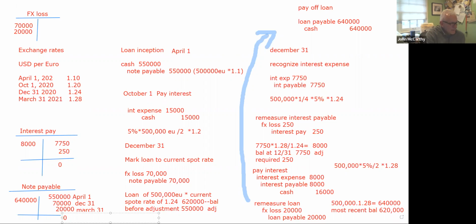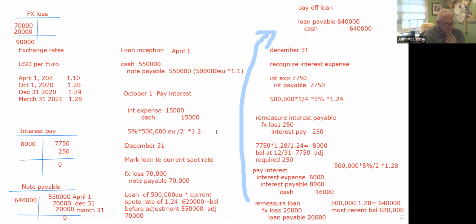And then we'll do a little proof here. We have 90,000 of FX loss. Let's make sense of some of these numbers. So we started out with 550. We had to pay 640, and the difference is the $90,000 FX loss.